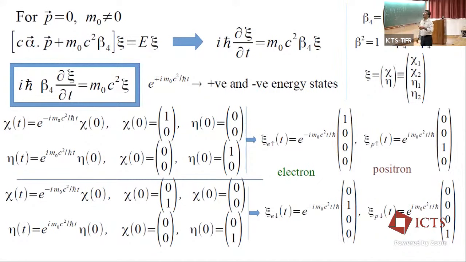Suppose m0 not equal to 0, we have these equations, and if you have m0 equal to 0, these are the solutions. So here we are considering p equal to 0, with m0 not equal to 0.